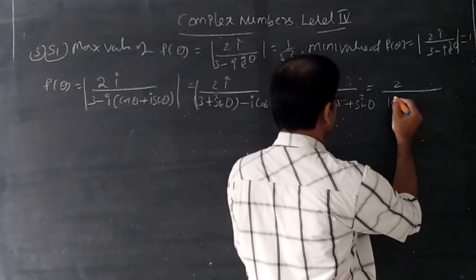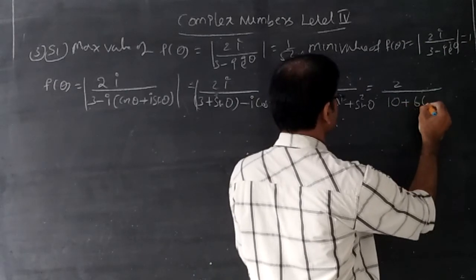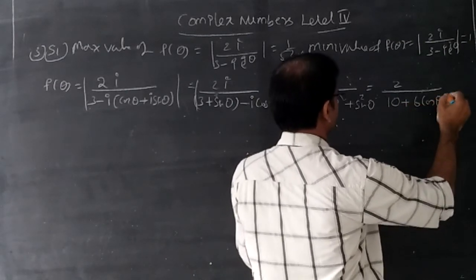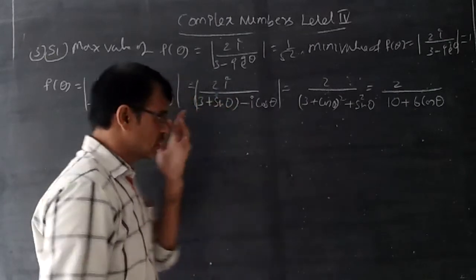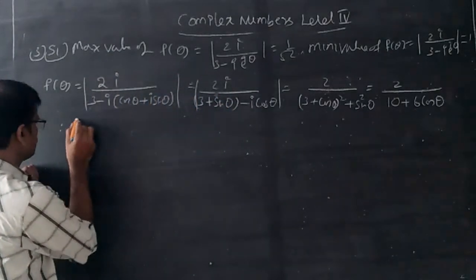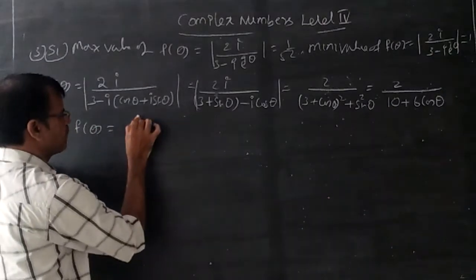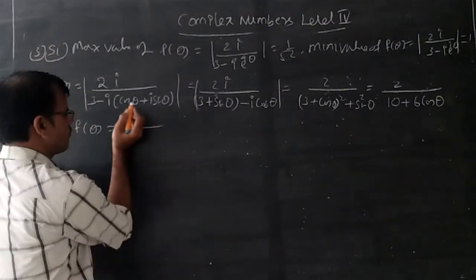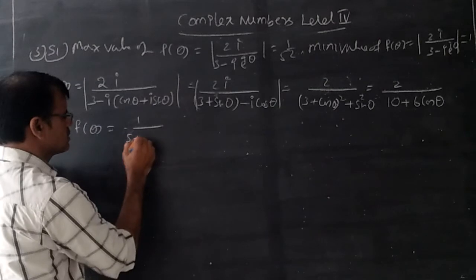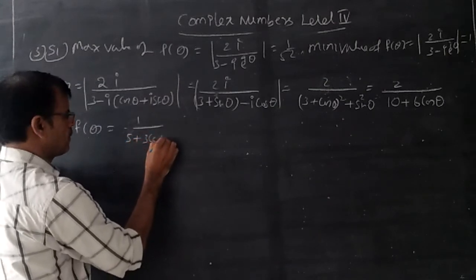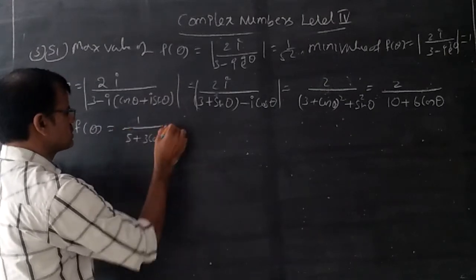So 2 by root of (10 plus 6 cos theta). Therefore, we are getting the value of f of theta as 1 by (5 plus 3 cos theta).